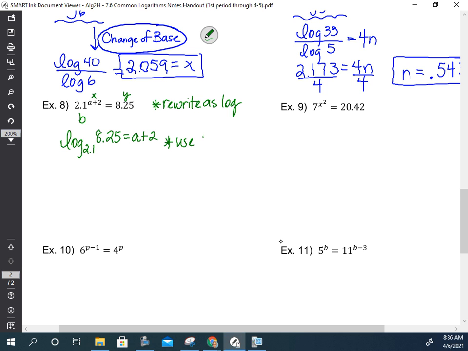Now that we have a basic rewrite, we're going to use change of base. Again, change of base is what we need so that we can use the calculator. So that expression is rewritten as log of 8.25 divided by log of 2.1.